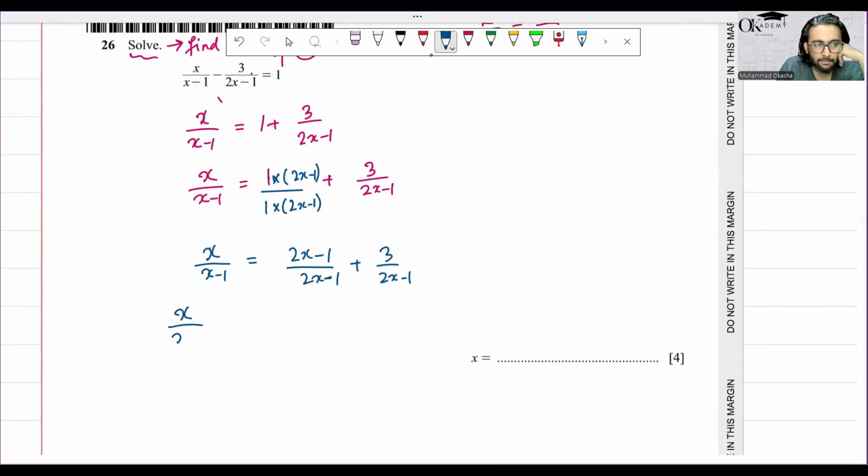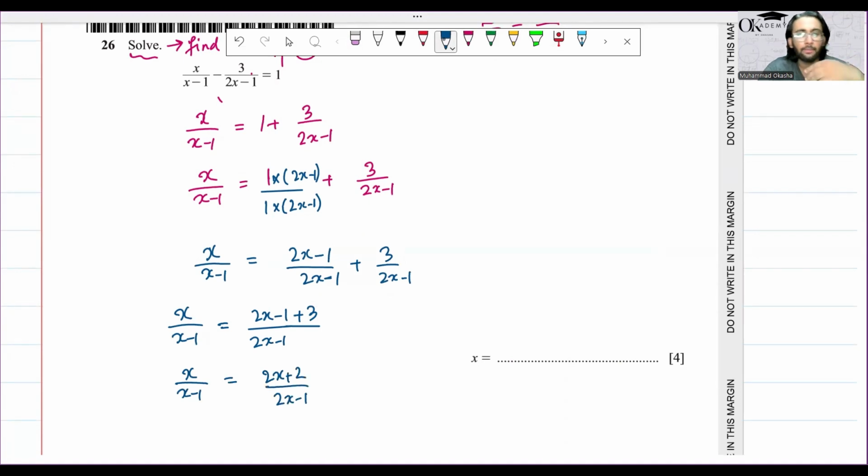I'll be left with x by x minus 1 is equal to, on top, 2x minus 1 plus 3, because I merged the two fractions. Minus 1 plus 3 is just 2. So I'll write x divided by x minus 1 is equal to 2x plus 2 divided by 2x minus 1. I hope I'm doing it right.